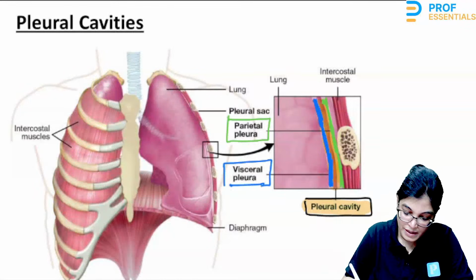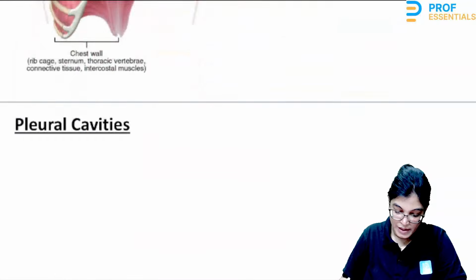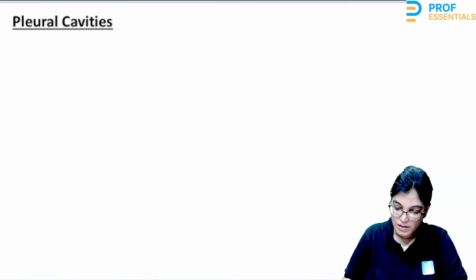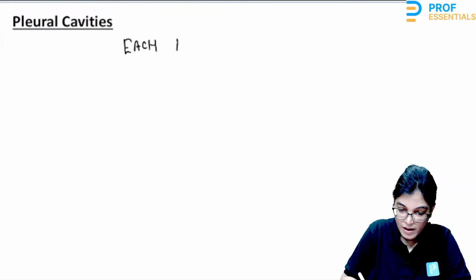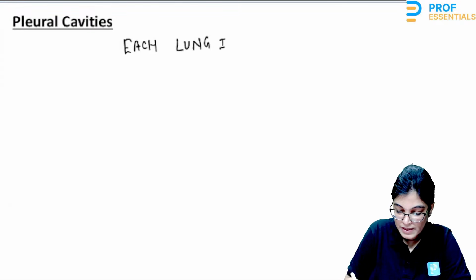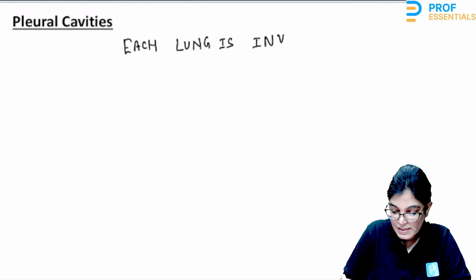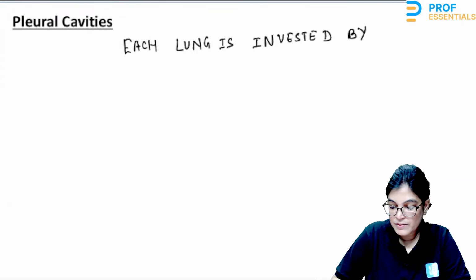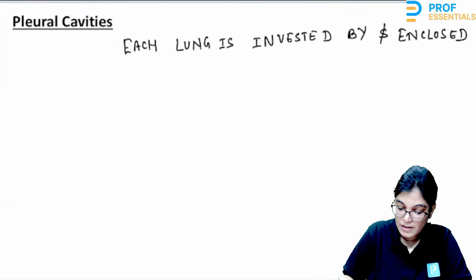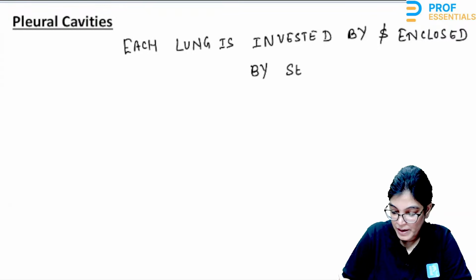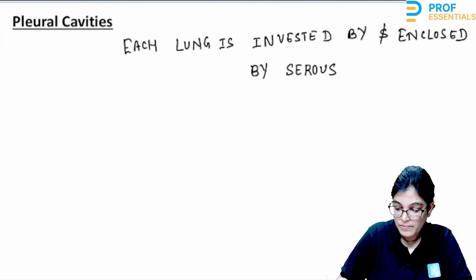Here it is very important for you to understand when I'm talking about the pleural cavity. Before that, each lung is invested and enclosed by a serous membrane.